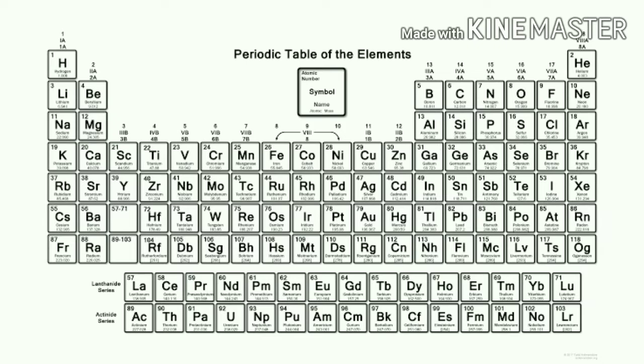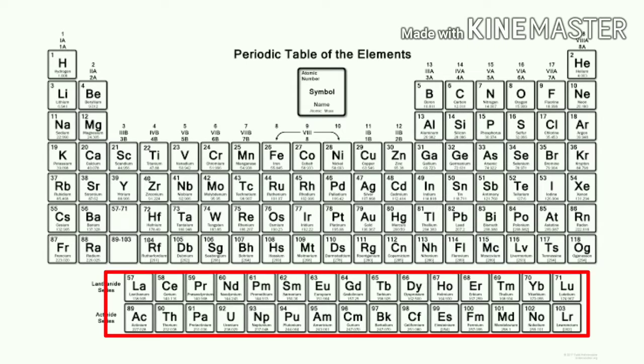Look at that. This part is called the f block element. The f block elements are classified into 2 series. One is the lanthanide series, another is the actinide series.